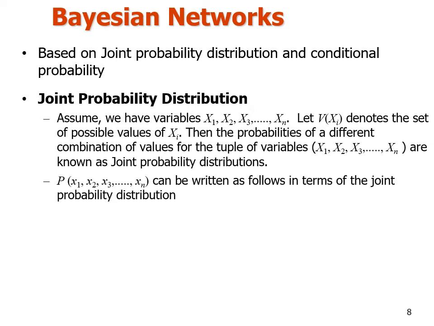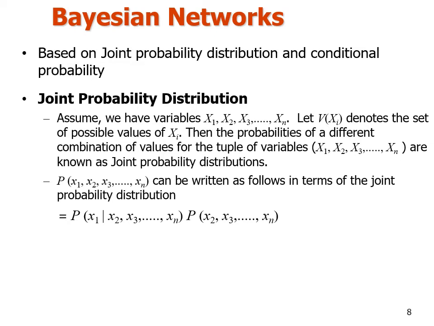So probability of x1, x2, x3 up to xn is equal to probability of x1 given x2, x3 up to xn multiplied by probability of x2, x3 up to xn. Now using chain rule, we can substitute the value of the second term in this expression.